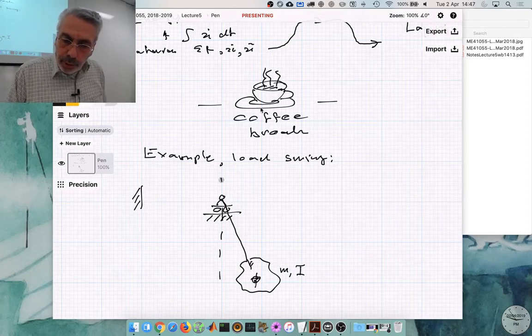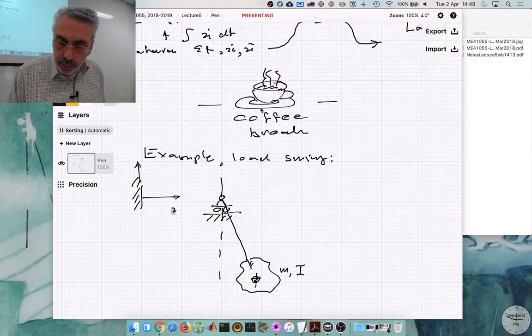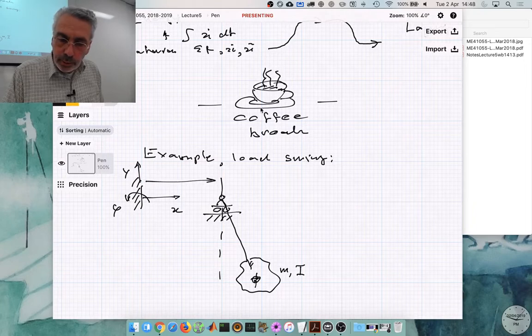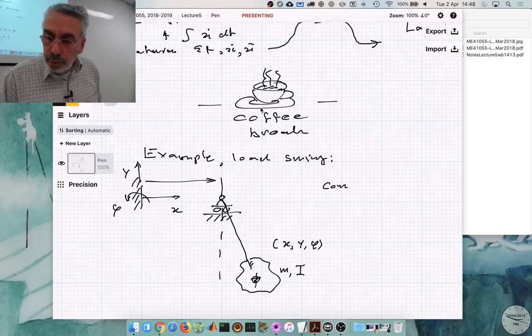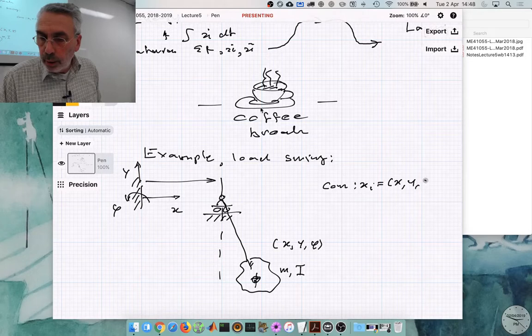How did we, oh yeah, we had generalized coordinates, right? So I need a coordinate system. I need to say this is x, this is y, and my rotations are like this. First, I have one rigid body with an x, y, and phi coordinate, right? So my COM coordinates are this ξ being x, y, and phi.